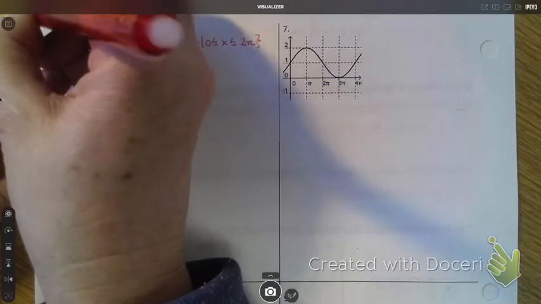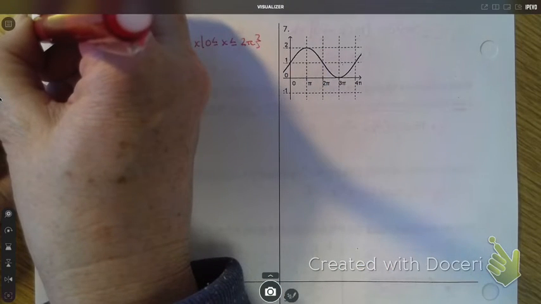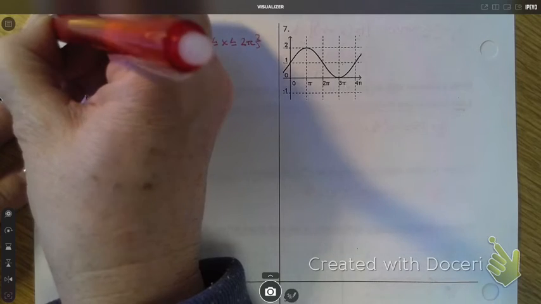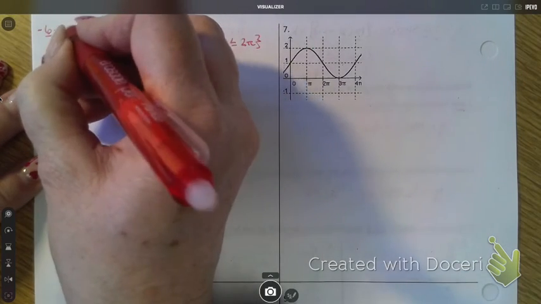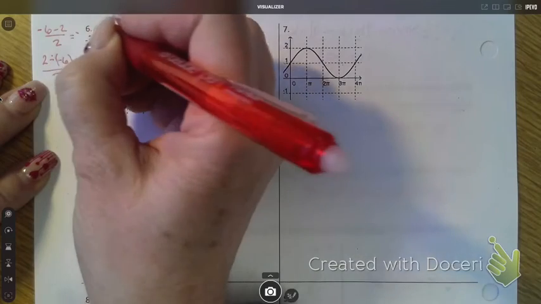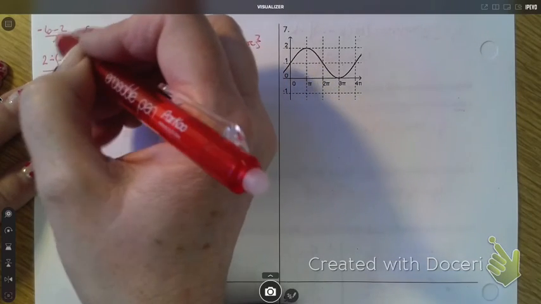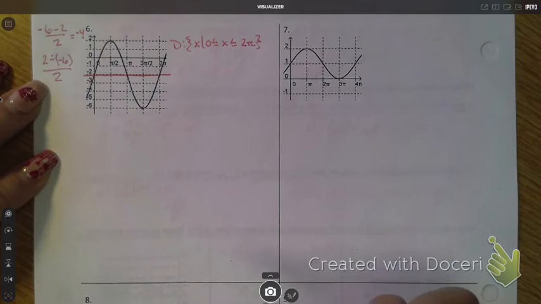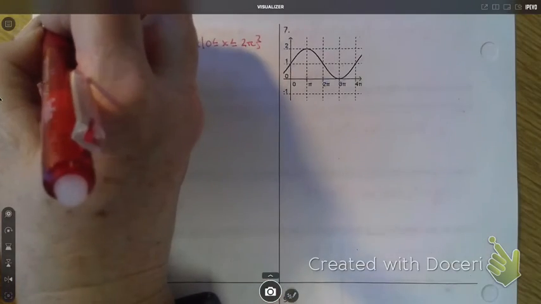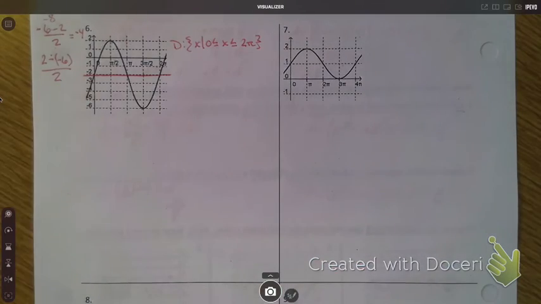Now I will tell you other places go -6 minus 2 over 2, which would have given you negative what? It would give you -4, not -2, because minus 2 is -8.